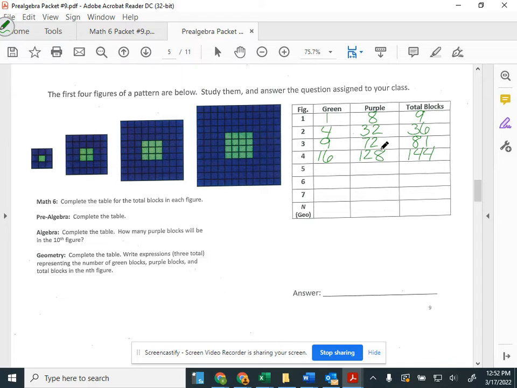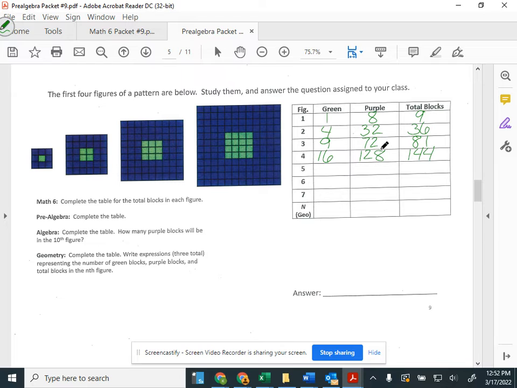The green are perfect squares, you can follow the pattern easy. The total are perfect squares, you can follow the pattern easy. The purple, not quite as easy, but if you know the total and you know the green, can you find the purple easy? Yes. So if you know the total, take away the green and you're left with purple. So you can fill it in easy.